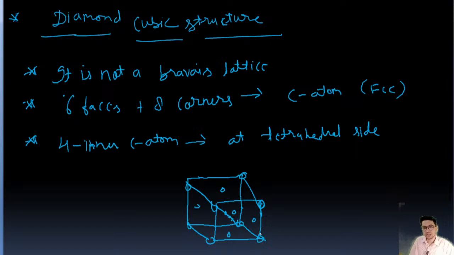This inner site is not possible to show, but yes, there are 4 inner carbon atoms in tetrahedral sites, right. So we can see total atoms are 6, 8 and 4, okay.